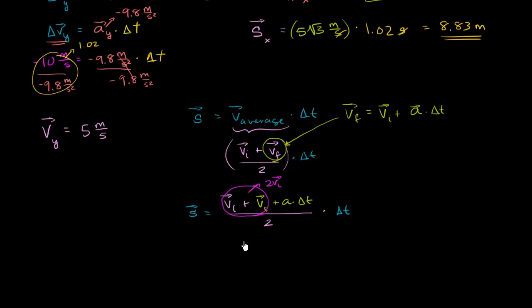And so this expression simplifies to 2 times VI divided by 2, which is our initial velocity, plus the acceleration times the amount of time that's passed by, divided by 2. And all of this is multiplied by the amount of time that passes by. And this is our total displacement.